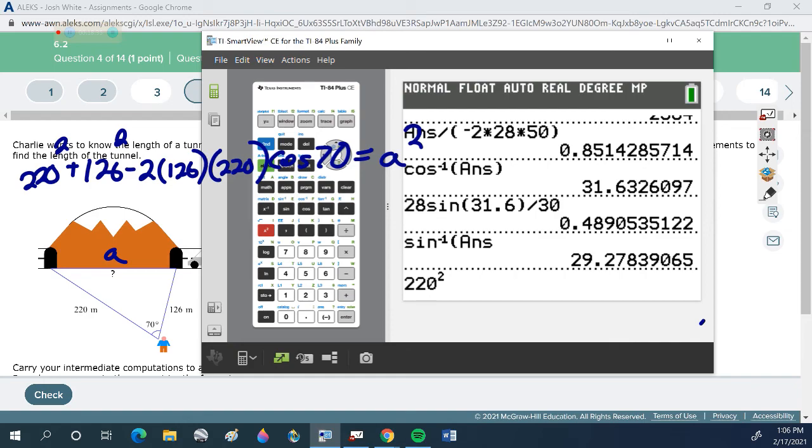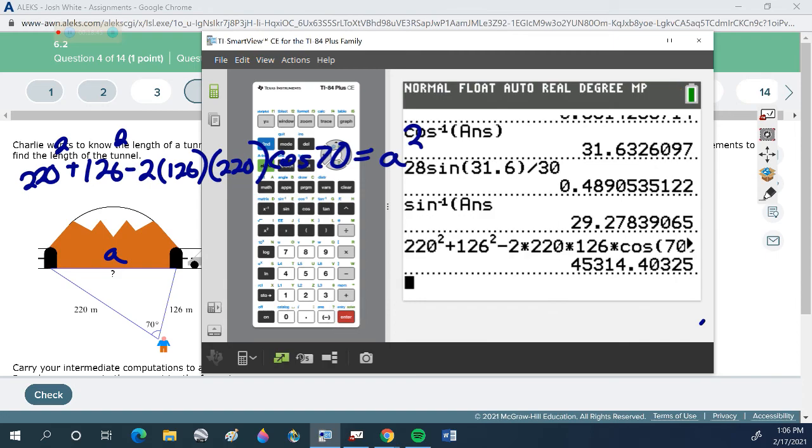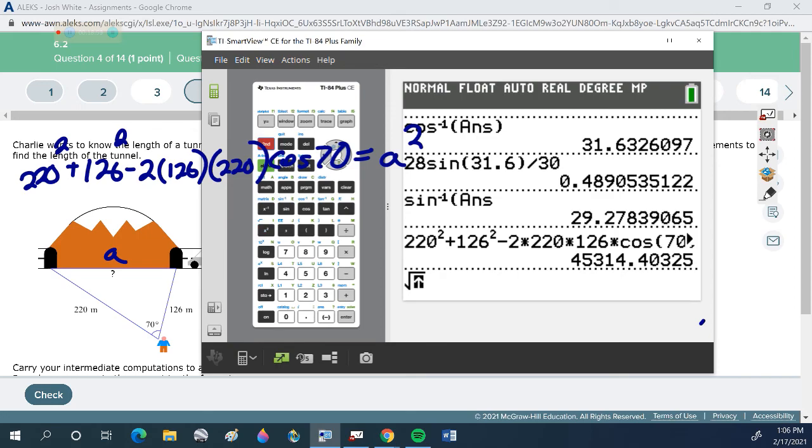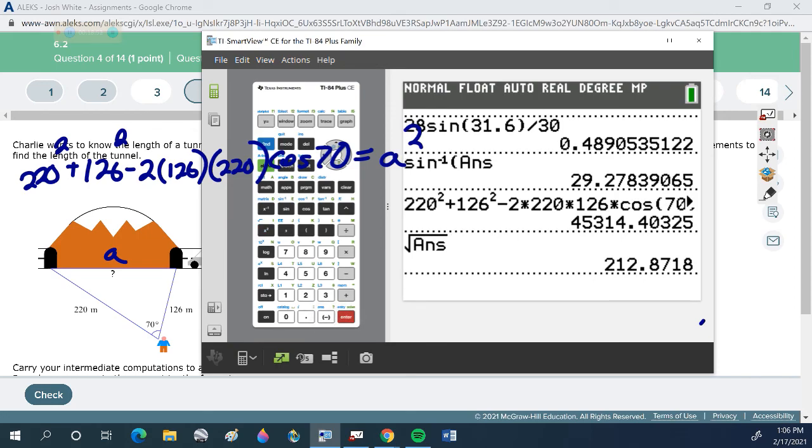And that is equal to A squared. Then you can just square root the answer. And there we go. Okay?